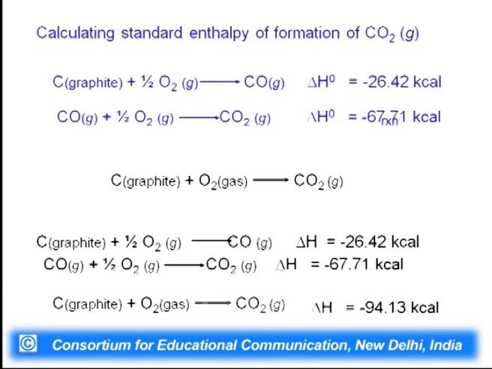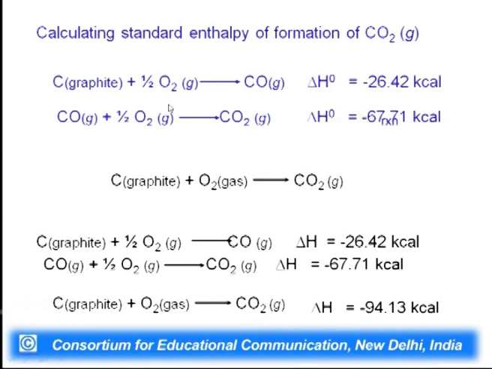Now we can calculate the standard enthalpy of formation for any other molecule. For example, if we want to calculate the enthalpy of formation of CO2 gas, we can calculate from these equations. C graphite plus half O2 gas giving you CO gas, delta H naught is equal to minus 26.42 kilocal.